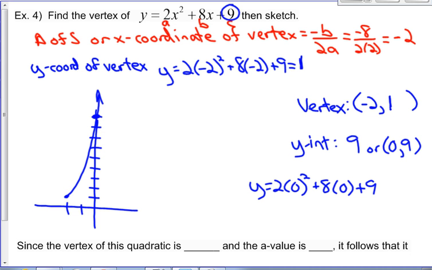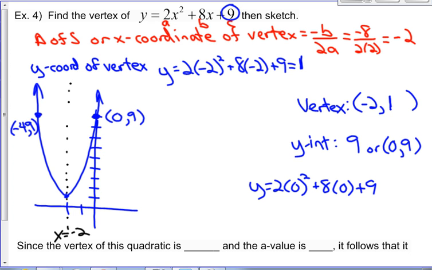It's got an axis of symmetry at x equals negative 2. And it's going to do the same on the other side. Now notice, it contained the point 0, 9, which was 2 to the right of the vertex. So it'll contain a y of 9, 2 to the left of the vertex as well. And again, you could do this by table of values, but we've got enough to define the parabola just from that.